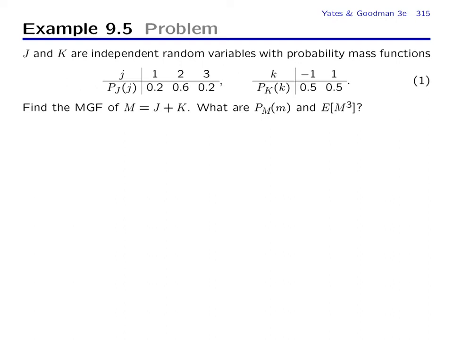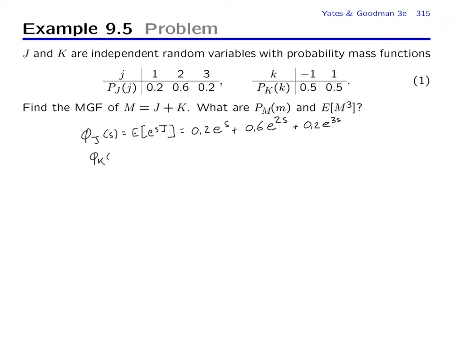You can use the theorem for calculating PMFs and simple moments of random variables, like in this example. Here, phi j of s is the expected value of e to the sj, and that's equal to 0.2 times e to the s plus 0.6 times e to the 2s plus 0.2 e to the 3s.